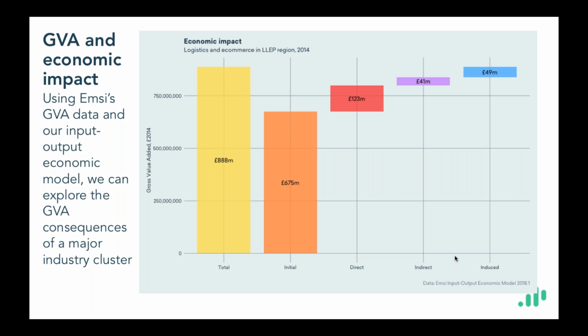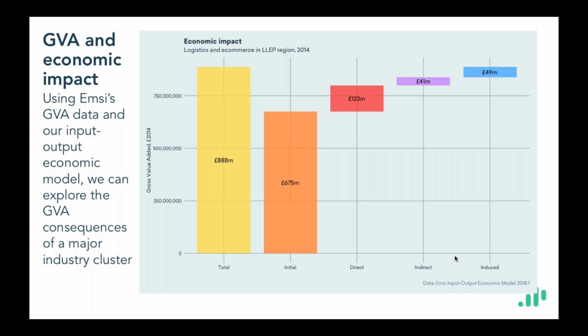But then we can look at the next column along, which will be the GVA created by the logistics and e-commerce cluster. That's the 675 million. And then you've got the direct impact of the supply chain, which is 123 million.